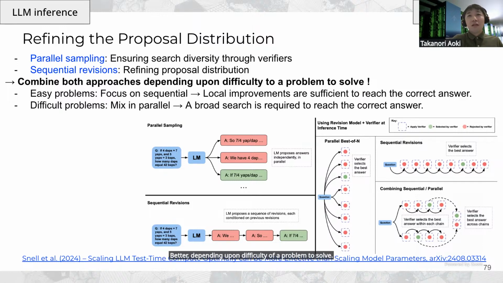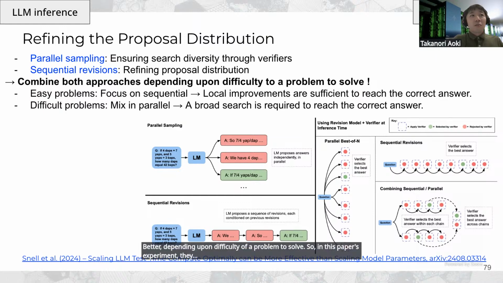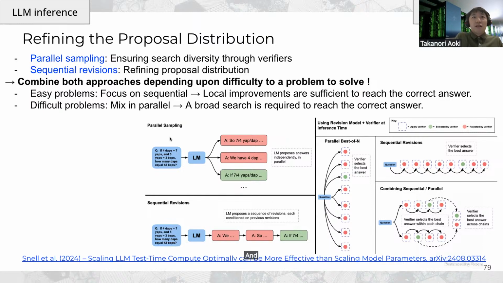So in this paper's experiment, they use a math dataset to let the LLM solve mathematical problems. And for easy problems, sequential revision would be a better solution. But if the LLM faces difficult problems, a mix with parallel is the best approach.